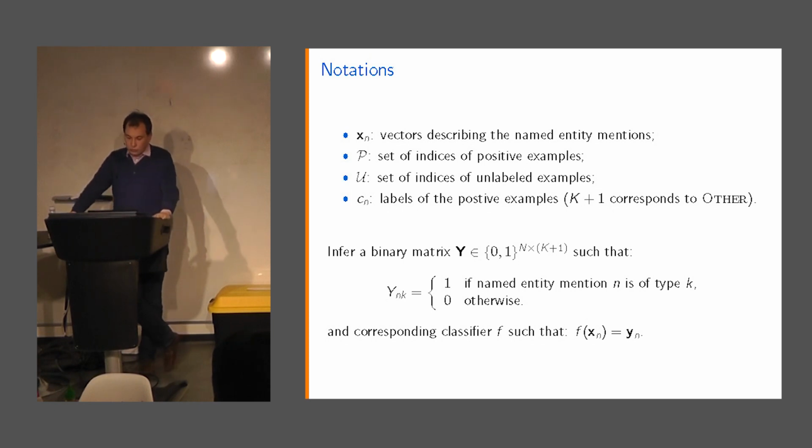Again, the goal will be to infer a binary matrix y_nk such that y_nk is equal to 1 if the potential named entity mention n is actually of class k, and 0 otherwise.